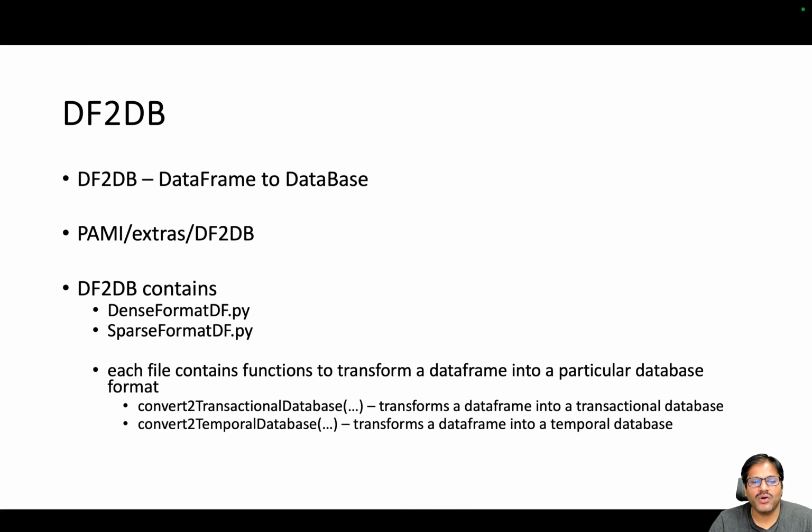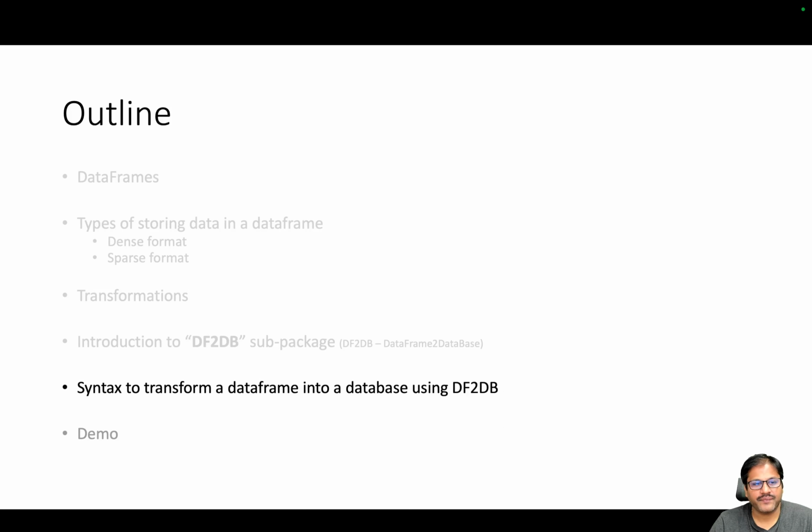Each of these programs has several functions which take the user provided data frame and convert it into a format that is required by the user. So let us see the syntax on how we convert a data frame into a database using the df to db subpackage.